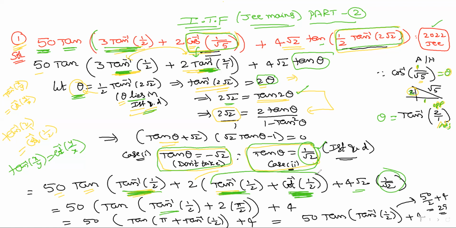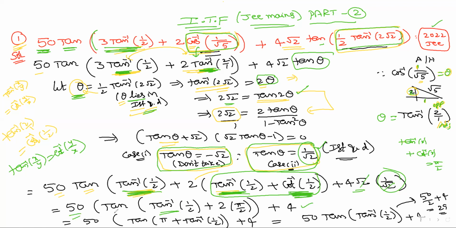We have one inverse trigonometric property: tan inverse x plus cot inverse of x is equal to pi by 2. This is the formula. So 2 times pi by 2 plus 4, where root 2 cancels.